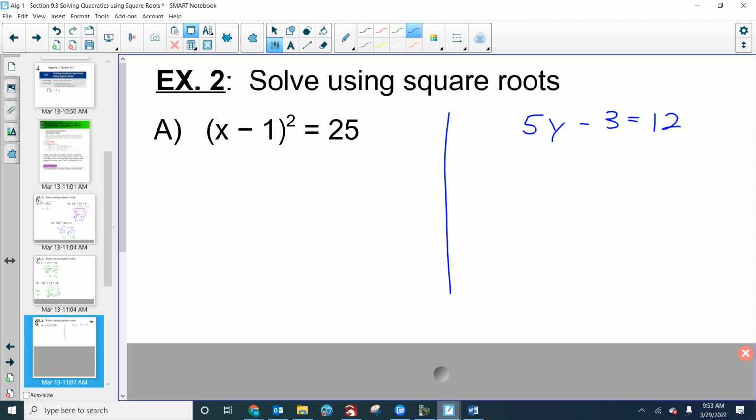Wouldn't you add 3 first before you divide by 5? Yes. Why? Because when you solve for a variable, you reverse the order of operations. You add before you divide. You follow me? But if you're just plugging in numbers and solving, you do PEMDAS, right? But here I add and then I divide.